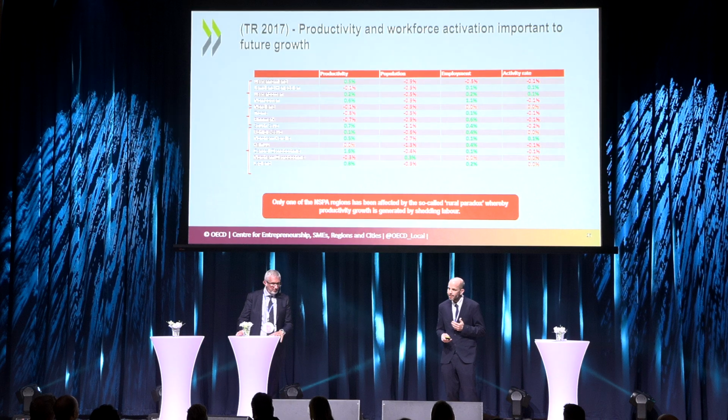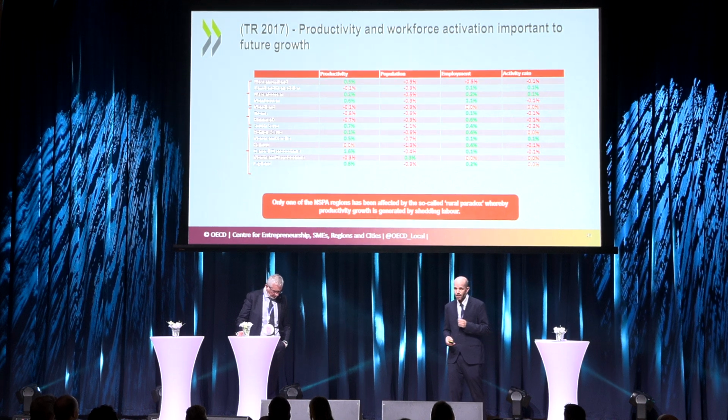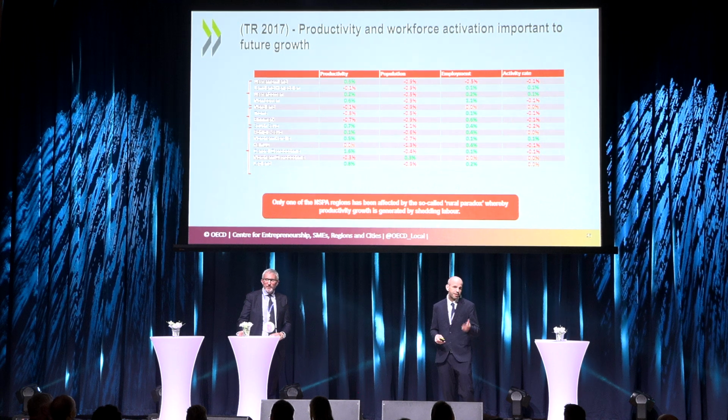And here we saw that in the majority of regions, there were also productivity gains over the period 2000 to 2017. And a lot of the times when there's a productivity gain and there's a population loss, it's because of labor shedding. That is, people are leaving the region so the productivity goes up. But what we found is that in all regions except 3, the employment is also positive.